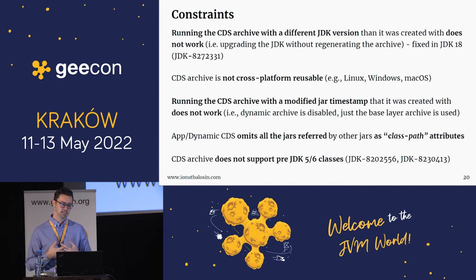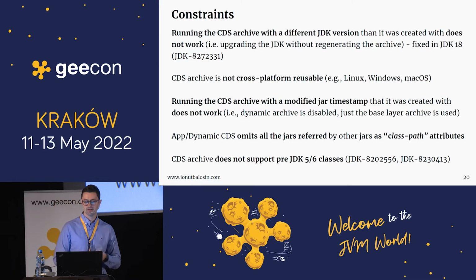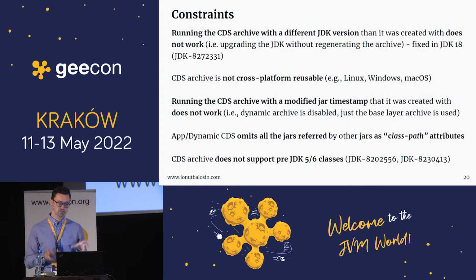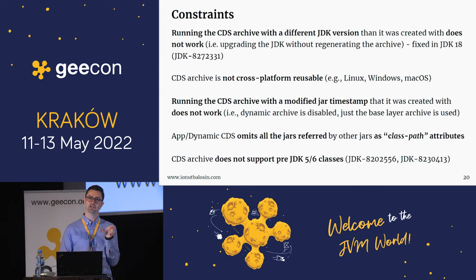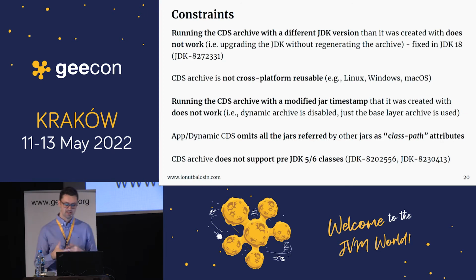These are corner cases you should be very aware of, because otherwise you might think, okay, I'm creating the CDS, I'm regenerating the jars, and then bam, if you run it, it won't work. In a nutshell, you have to be very conservative by keeping the same jars and the same class path, at least as a prefix, when you create the CDS and when you run it. And of course, there are other limitations.